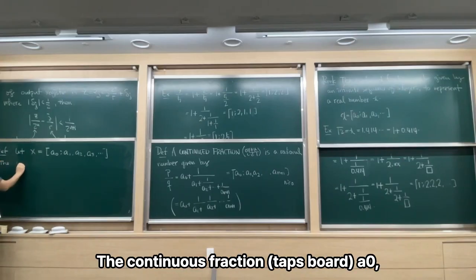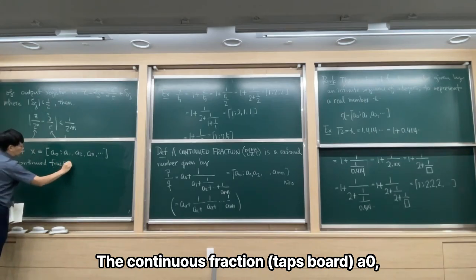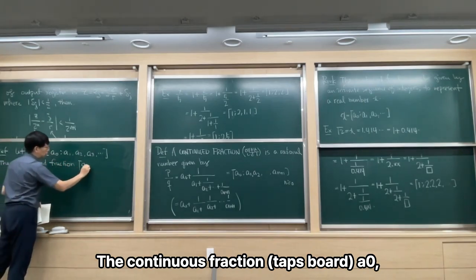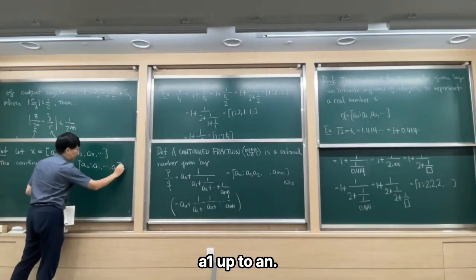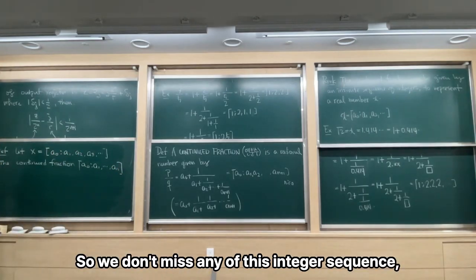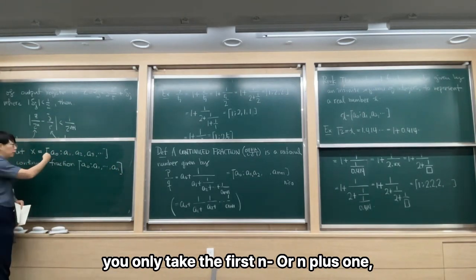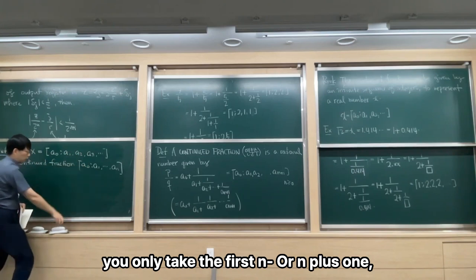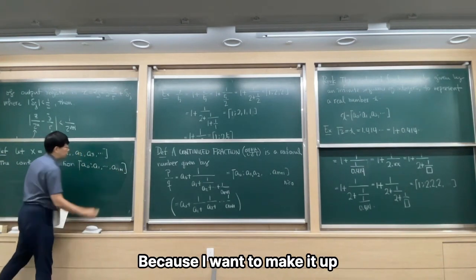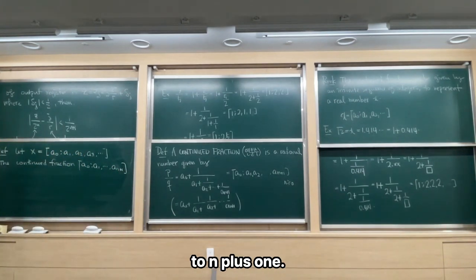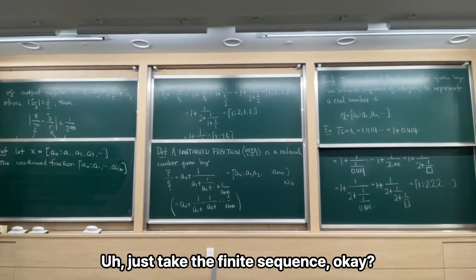The continued fraction a0, a1, up to an. So we don't miss any of this integer sequence. You only take the first n or n plus 1 or n plus 2 in this case, let's say. But because I want to make it up to n plus 1, just take the finite sequence, okay?